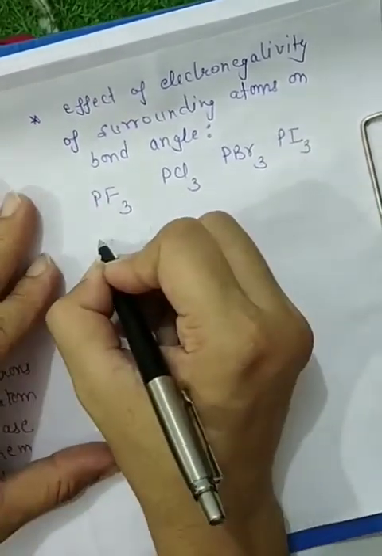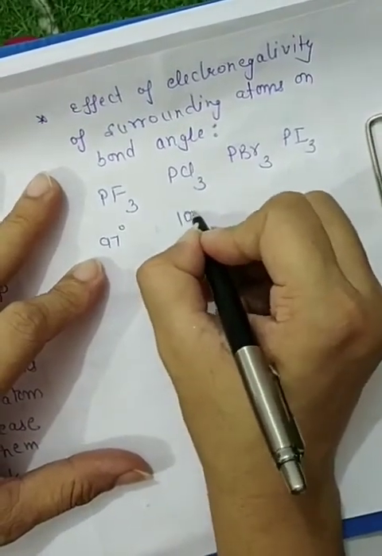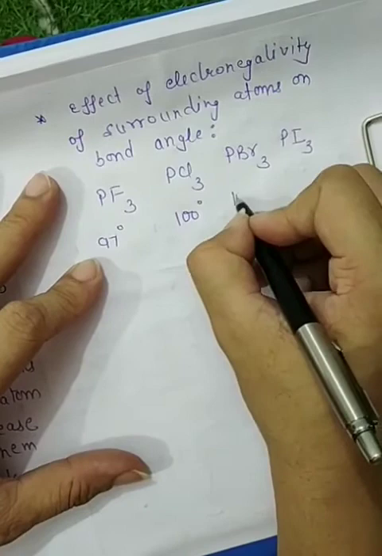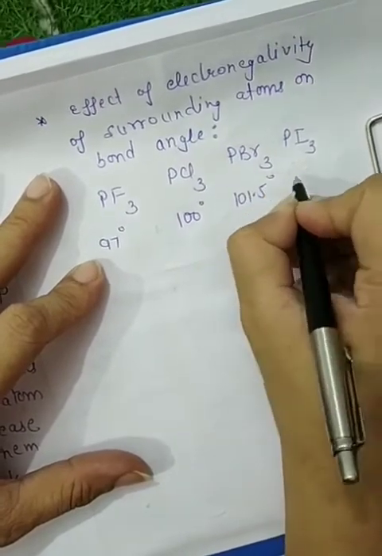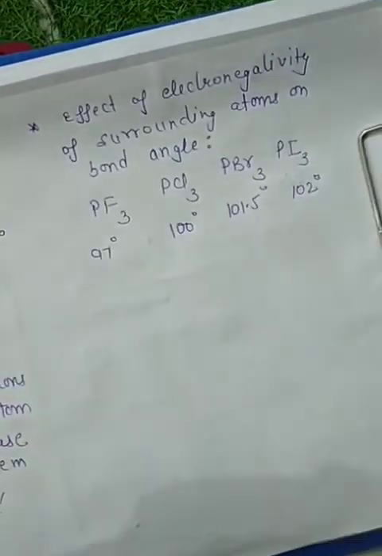If we see here the angle, then the value of the angle is 97 degrees here, 101.5 degrees, and in this case 102 degrees.